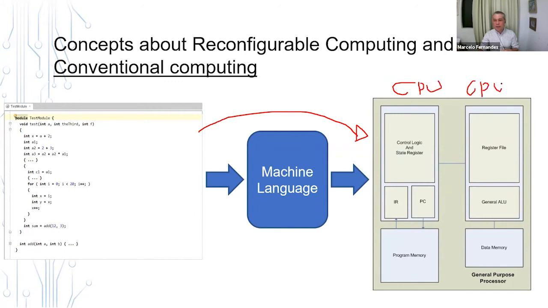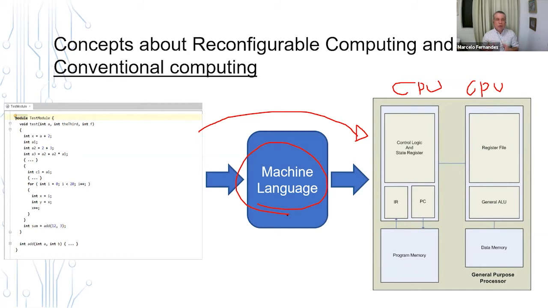You have a constant, specific structure, and you transform your algorithm into machine language to execute on a specific hardware, a CPU, GPU, and so on.